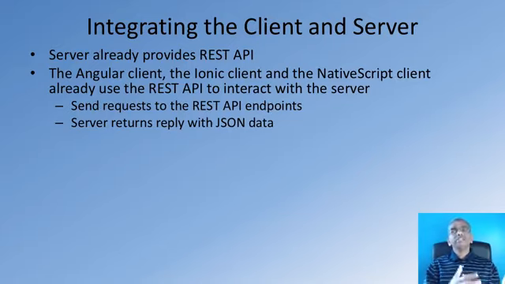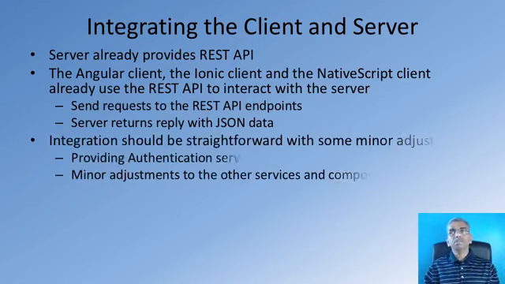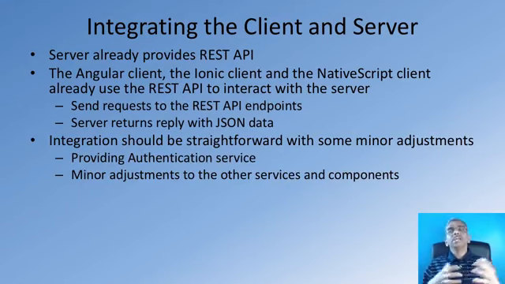So when the client sends the request to the server at the REST API endpoint, the server will respond with the corresponding JSON data back to the client, and the client can then make use of the JSON data to render the views for the user. So given this understanding of the communication between the client and the server, the integration should be fairly straightforward.